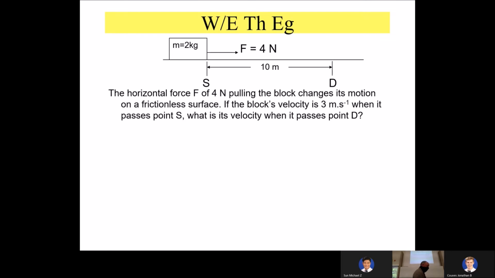You only got one force. So the work done by that force will be equal to the net work. Net work is also equal to the change in kinetic energy, always. Only kinetic energy. Yes, that's the work energy theorem. You've got to learn it.